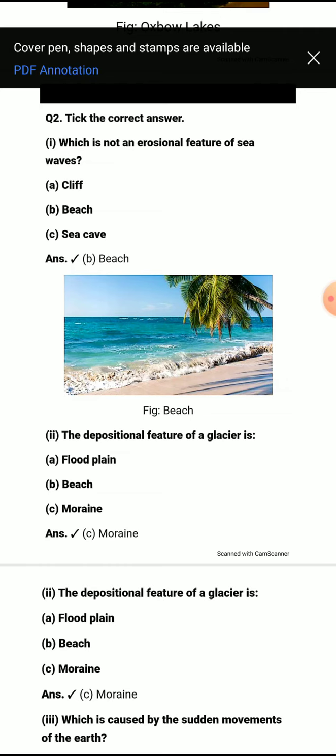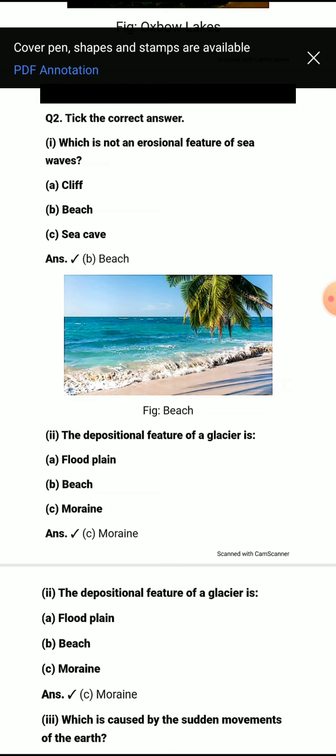When the sea waves strike again and again against any rock, they form arcs first, then stacks, then sea cliffs. So that's why the answer to this question is beach. Beach is not an erosional feature of the sea wave, right?